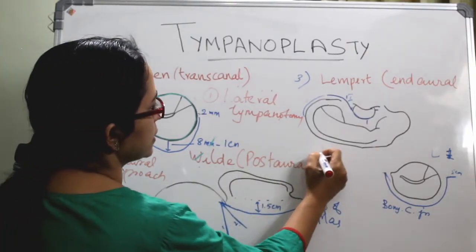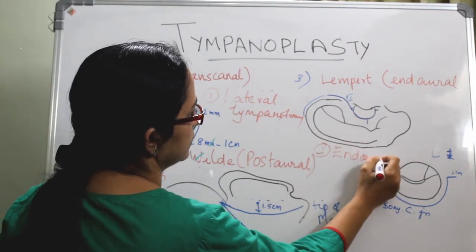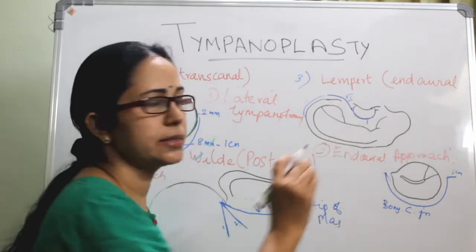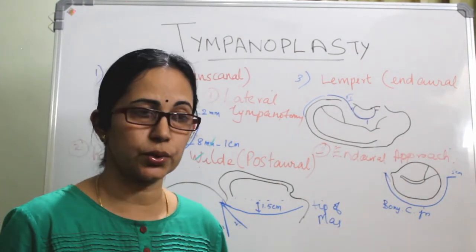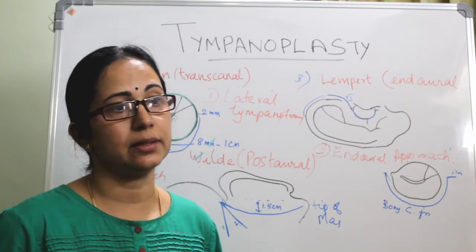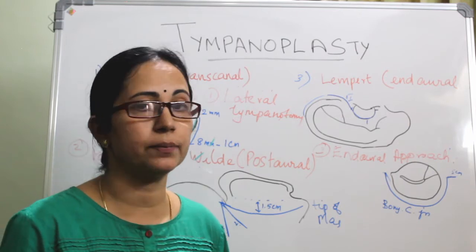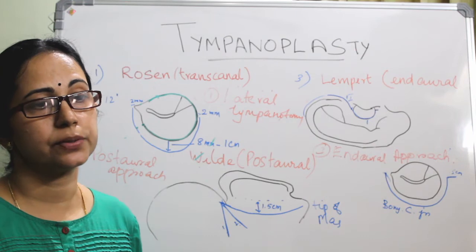The third approach is an endaural approach. This endaural approach is suitable for tympanoplasty and also for mastoid exploration, but the mastoid disease should be limited, especially for atticotomy or atticoantrostomy. You can go through this approach.